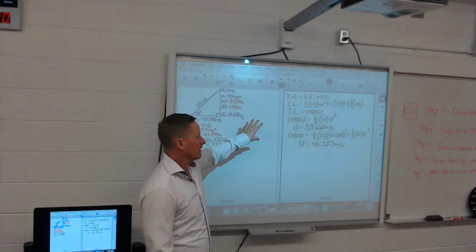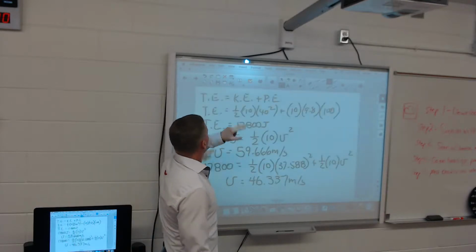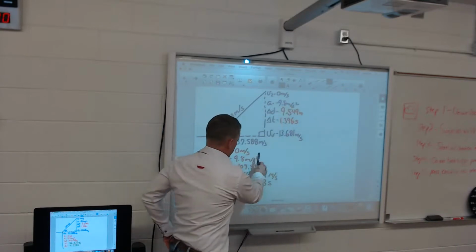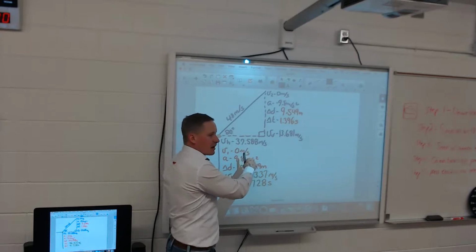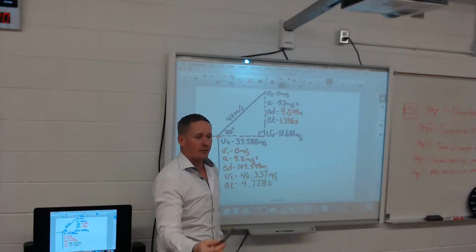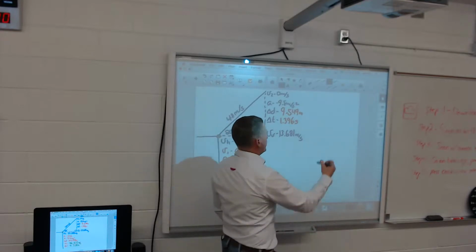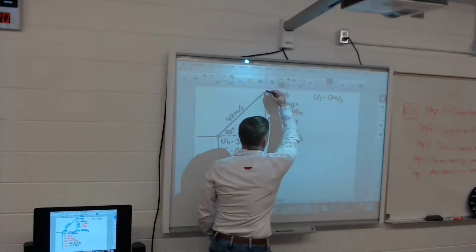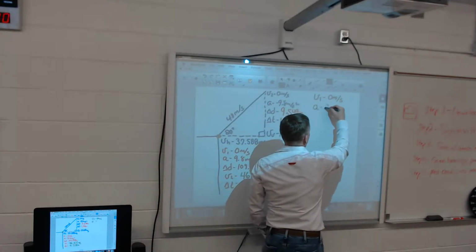Okay, so I'm going to use this same starting point to get what that velocity is going to be. So I'm looking for a V2 now. My V1, as the ball starts coming back down from its peak, is 0. My acceleration is 9.8.